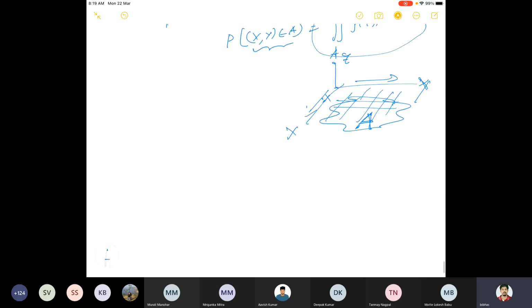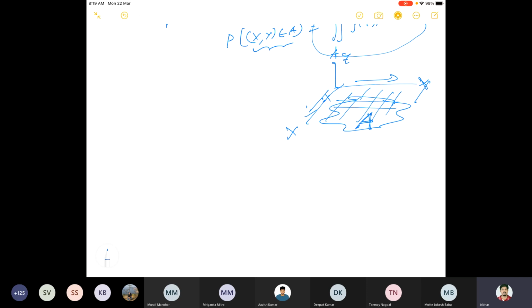Once we have that, we can ask a similar question, which we asked for the single random variable: can any function be treated as a probability distribution function?